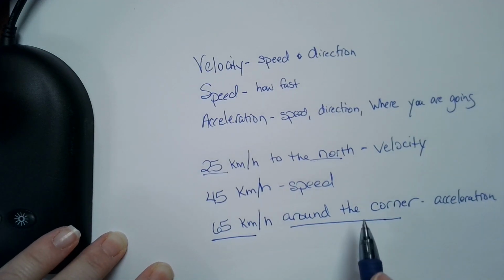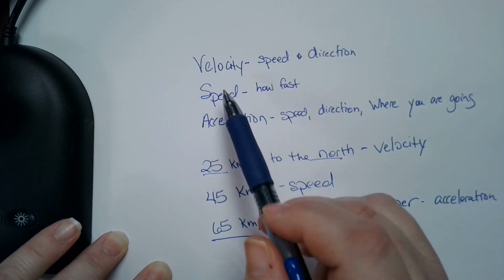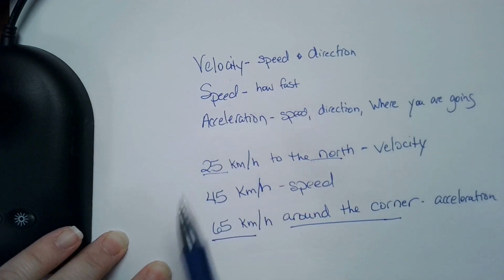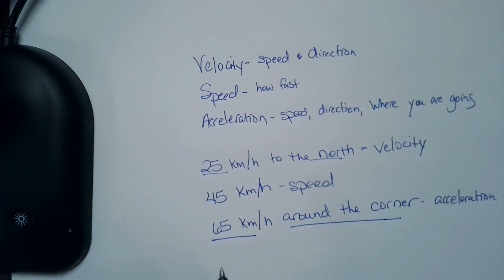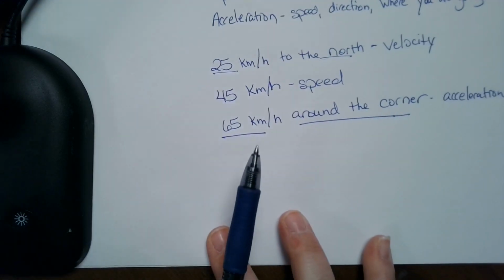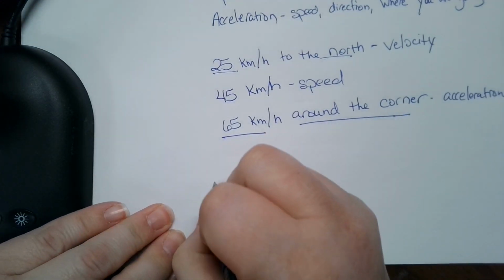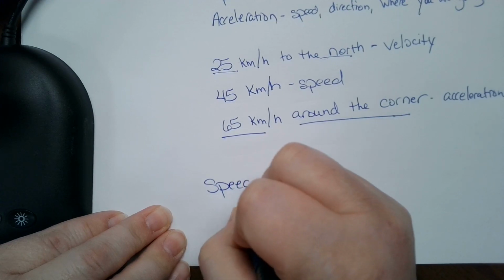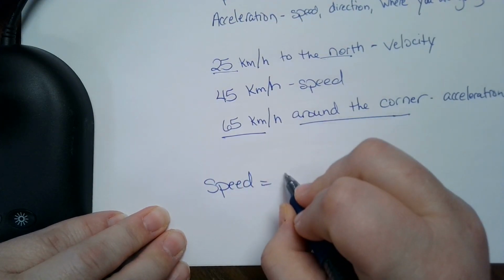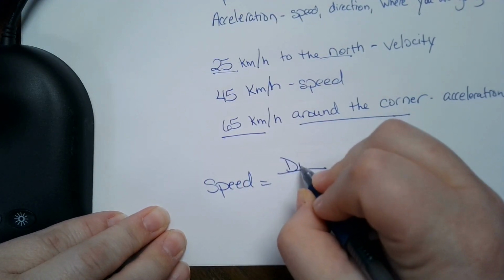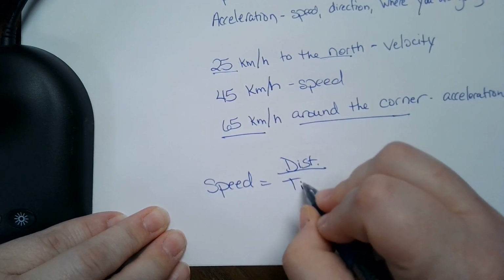We are going around the corner. So that is velocity, speed, and direction. Also, we need to remember that speed, we can find the speed by taking our distance and dividing it by our time.